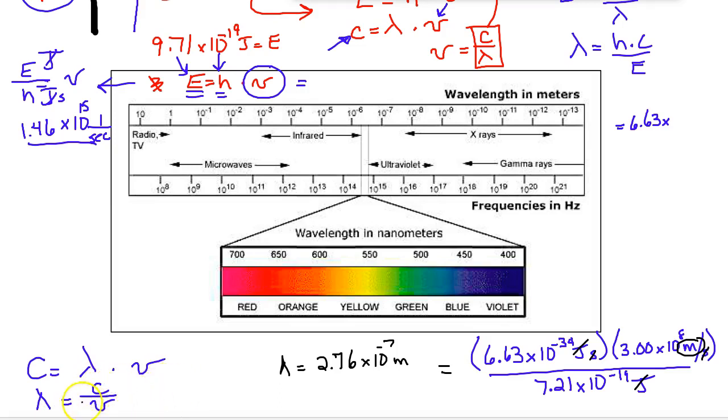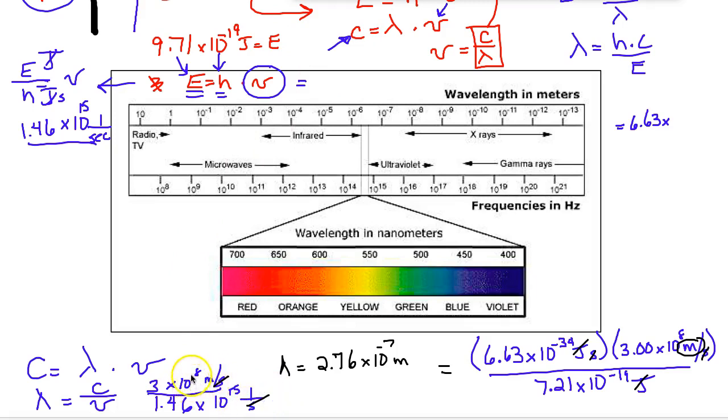And just plug that in. You have 3 times 10 to the 8 meters per second over the new frequency that we just found to be 1.46 times 10 to the 15, and that is 1 over second. Notice what happens, party people. The seconds go bye-bye, and I'm left with meters.